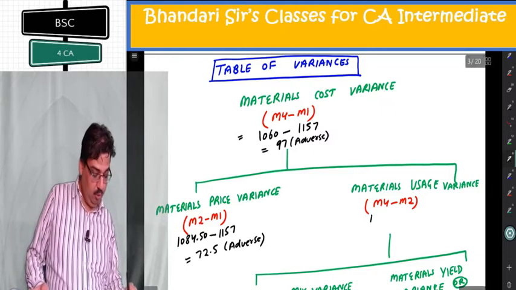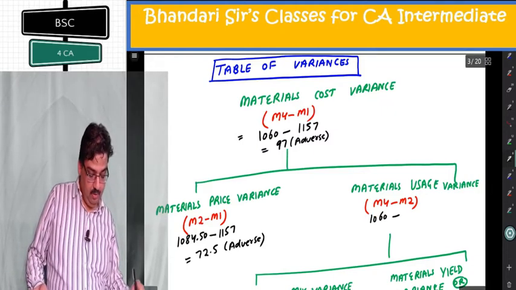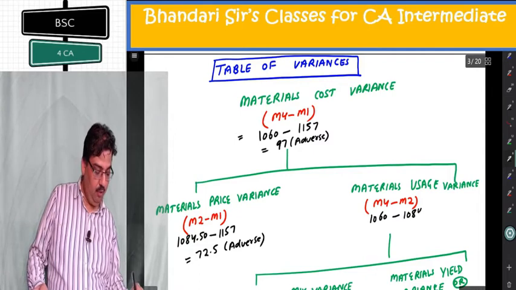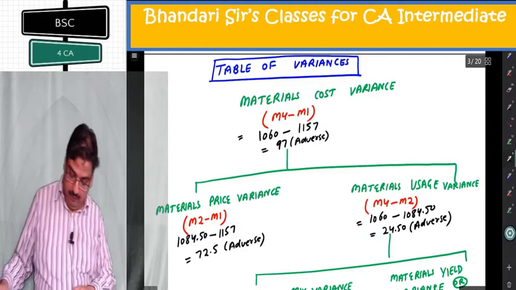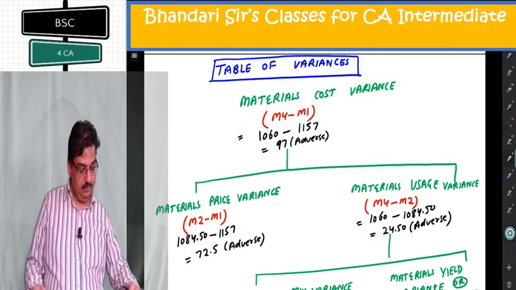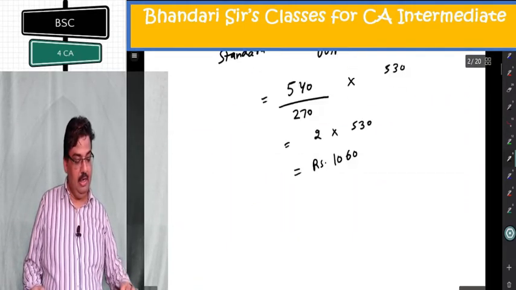M4 minus M2, 1060 minus 1084.50, is equal to 24.50 adverse. For the mix variance, I needed M3.